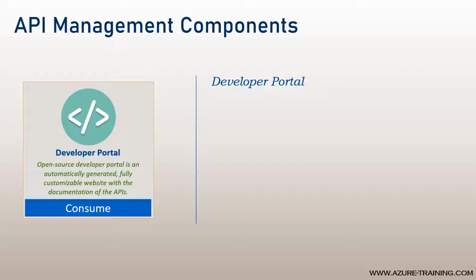Last but not the least, we have the developer portal. Using the developer portal, developers can read the API documentation for all the APIs that are built using the OpenAPI specification. What can also be done is you can call an API via the interactive console and you can test and see the results.